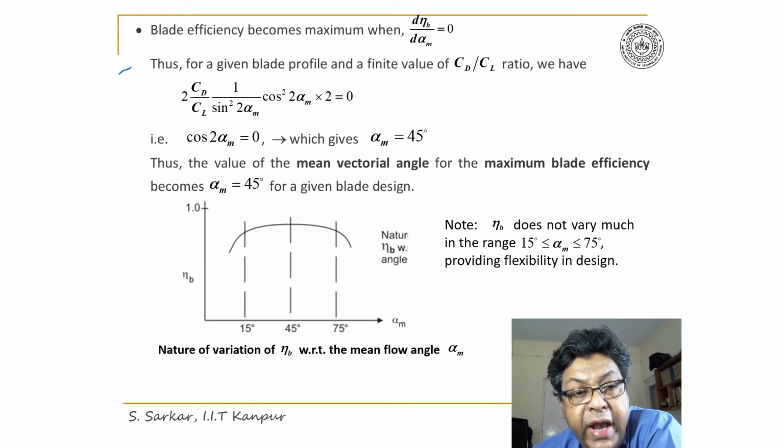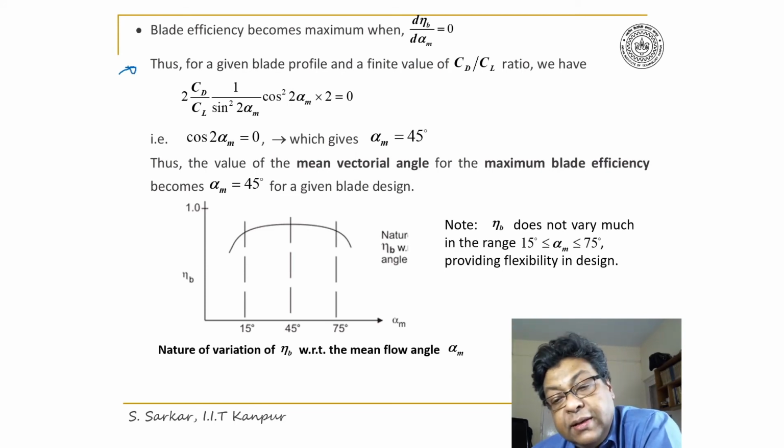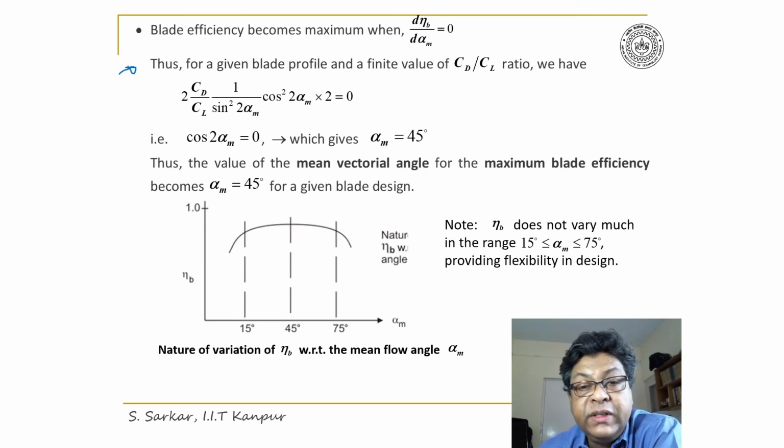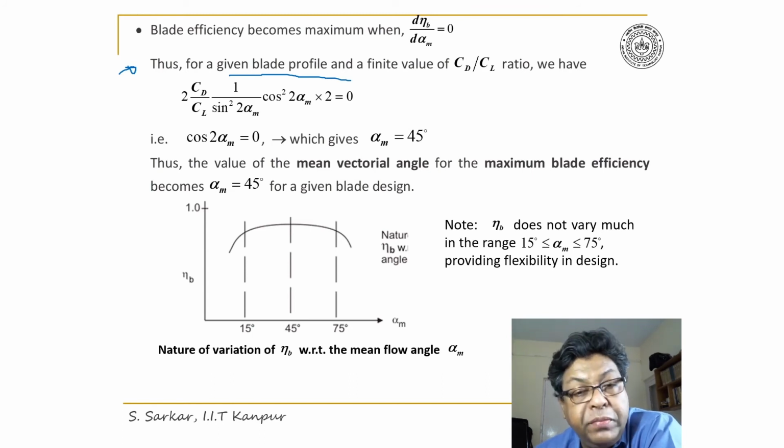Now one can appreciate that blade efficiency is a function of alpha m and the ratio of CD by CL. For a given blade profile, CD by CL ratio becomes finite. Thus, for a given profile, the blade efficiency depends on alpha m.